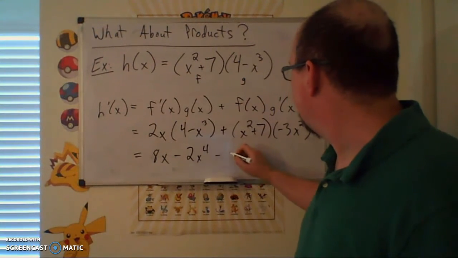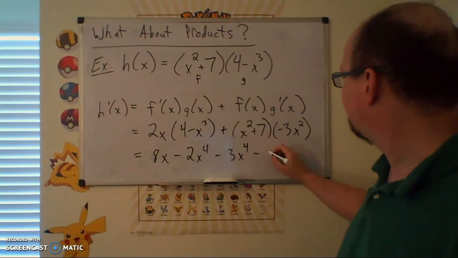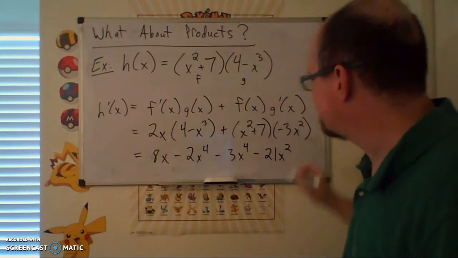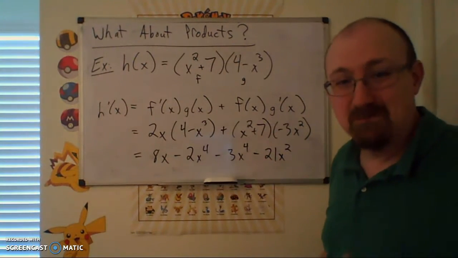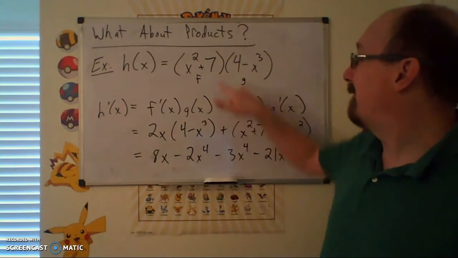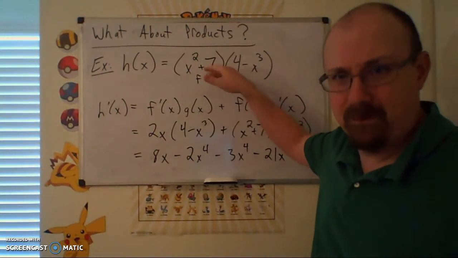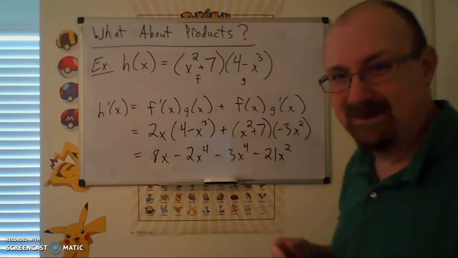Back here, we get minus 3x to the fourth minus 21x squared. And you can combine these two guys to give you minus 5x to the fourth. And as it turns out, once you do that, that will line up with what our algebra fan would have gotten had they worked out the derivative after doing the FOIL thing on these guys.